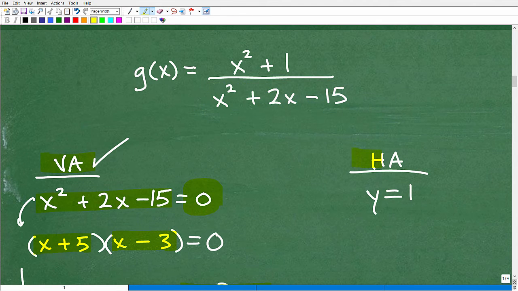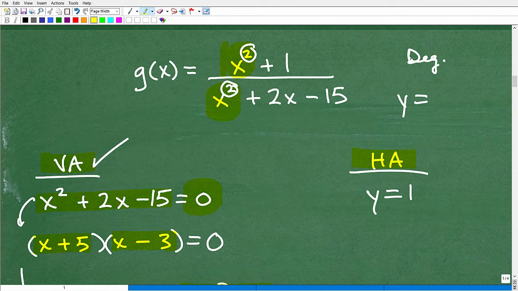Okay, so now remember the rules here. I'm looking at the degree of the numerator and the degree of the denominator. Remember that the word degree means the highest power of these polynomials. So this is 2, this is 2, so that's a tie. So it's going to be y equals, and I'm looking at the coefficients here.